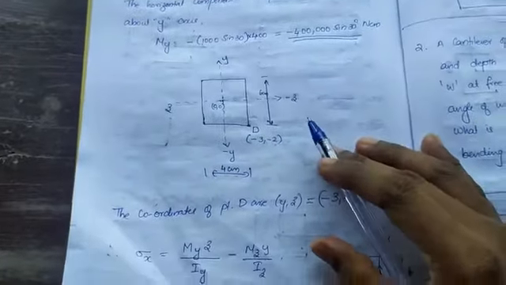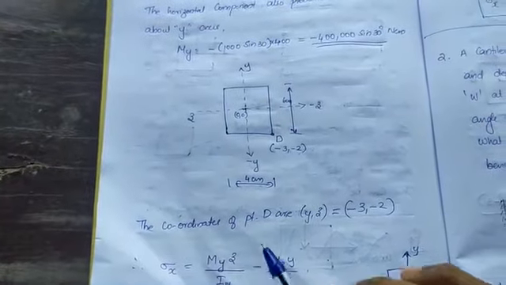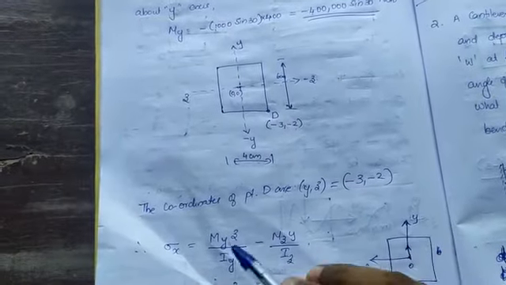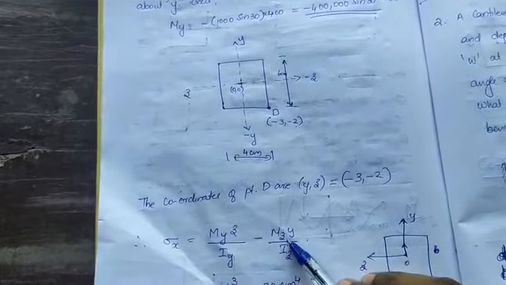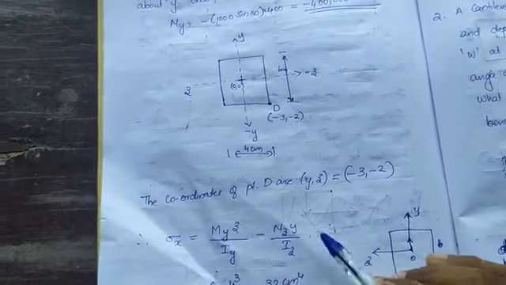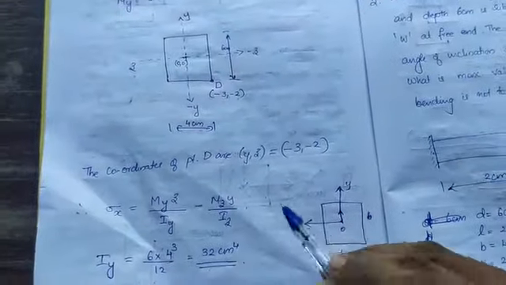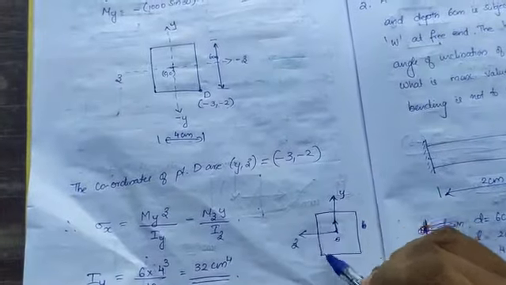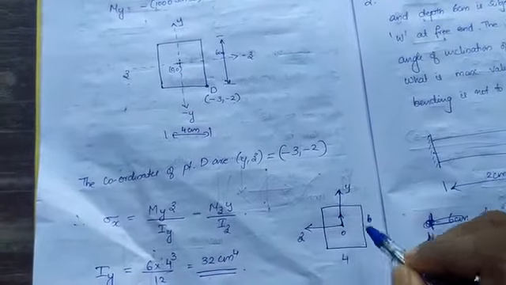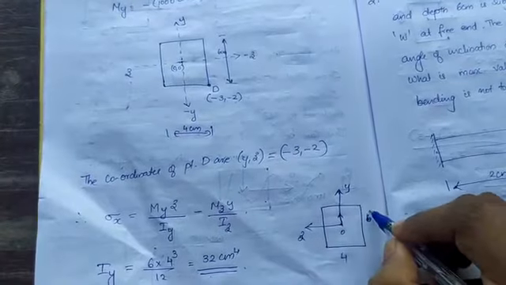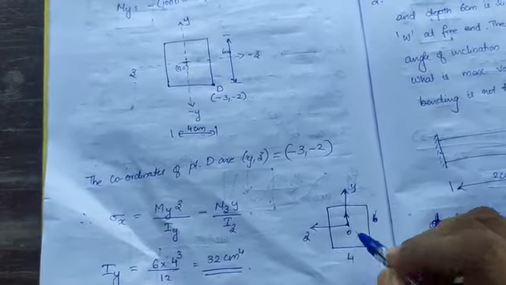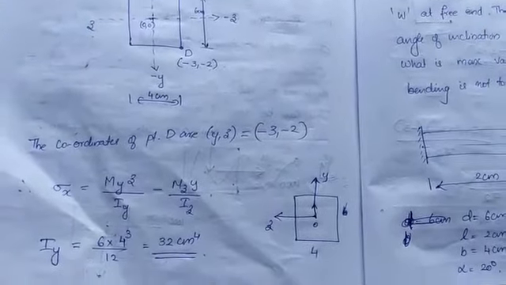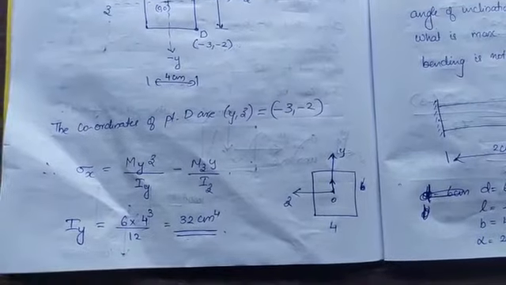Now you just substitute this in the equation: Sigma x is equal to My z by Iy minus Mz y by Iz. My you found, Mz also you found, and you know Iy and Iz. If you have any confusion in finding the moment of inertia, draw this rectangular section with breadth and depth, 6 and 4. The moment of inertia of a rectangular section is B D cube by 12.